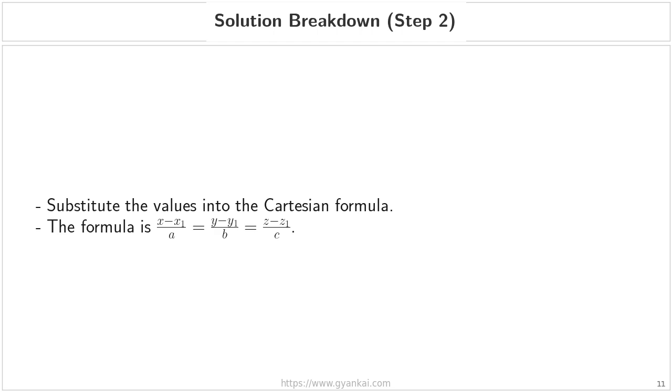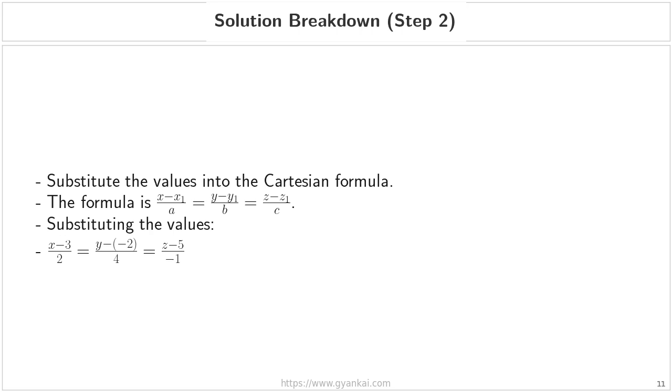To do this, we take the general Cartesian formula we derived earlier, which is x minus x sub 1 all over a equals y minus y sub 1 all over b equals z minus z sub 1 all over c. By plugging our specific numbers into this template, we replace x sub 1 with 3, y sub 1 with -2, and z sub 1 with 5. Simultaneously, we replace our direction ratios a, b, and c with 2, 4, and -1, respectively.